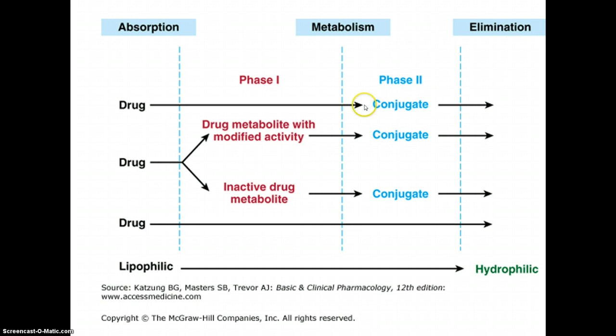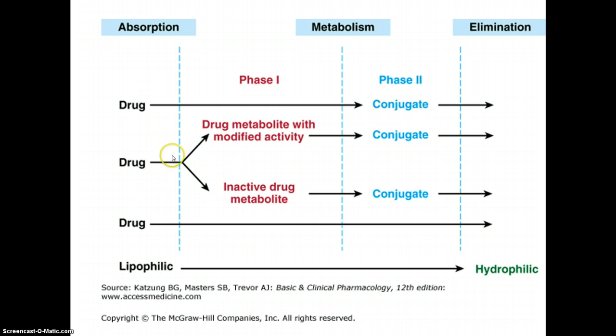Phase 2 reactions often involve conjugation, or the adding of another substituent to the parent molecule to make it more likely to be eliminated, and I'll show you some examples of this later on. Phase 1 can encompass a variety of chemical reactions, for example, hydroxylation or demethylation, and we'll show you some examples there.